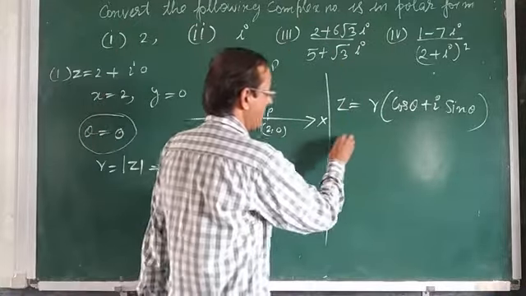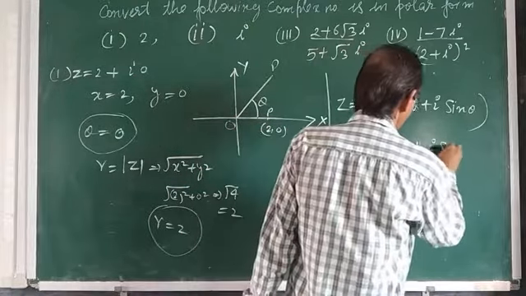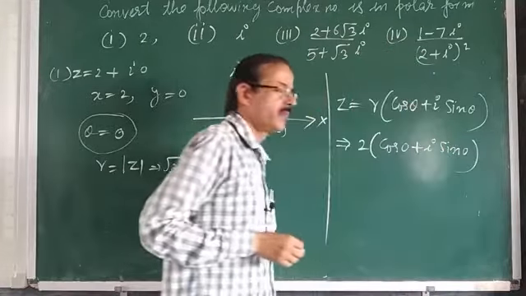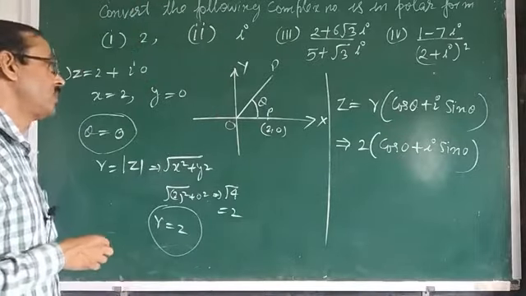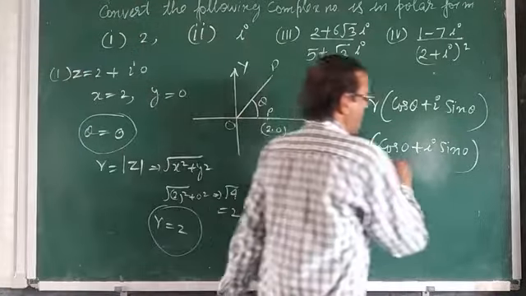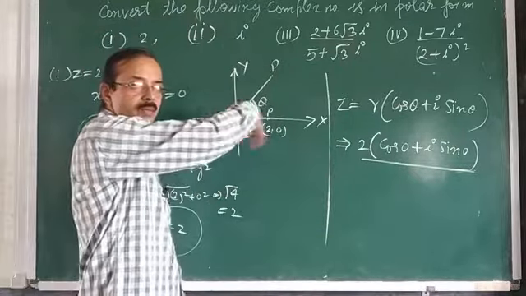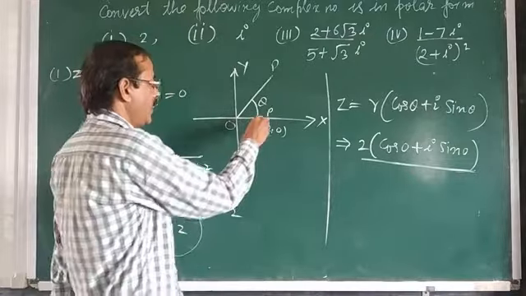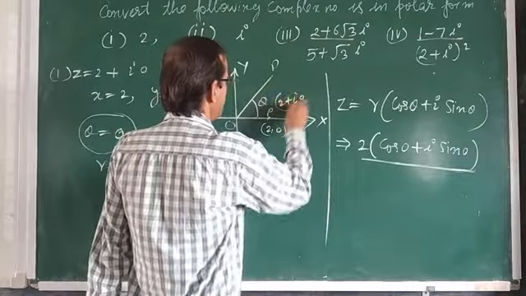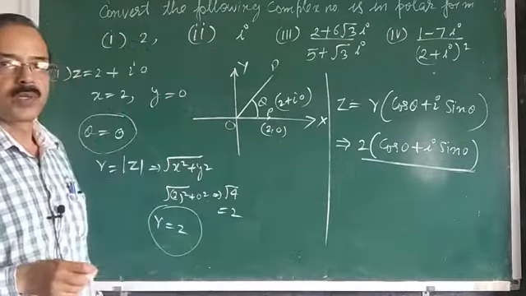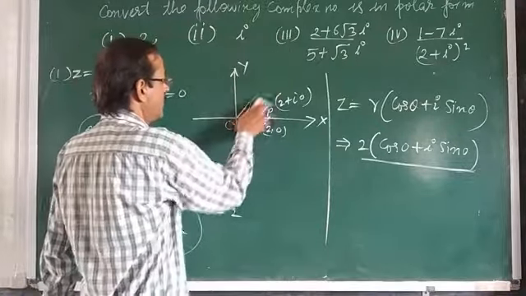So that will be 2 cos 0 plus iota sin 0. This is the polar form. And this is the Argand plane. P is already here, for 2 plus iota 0. So this is also represented on the Argand plane.